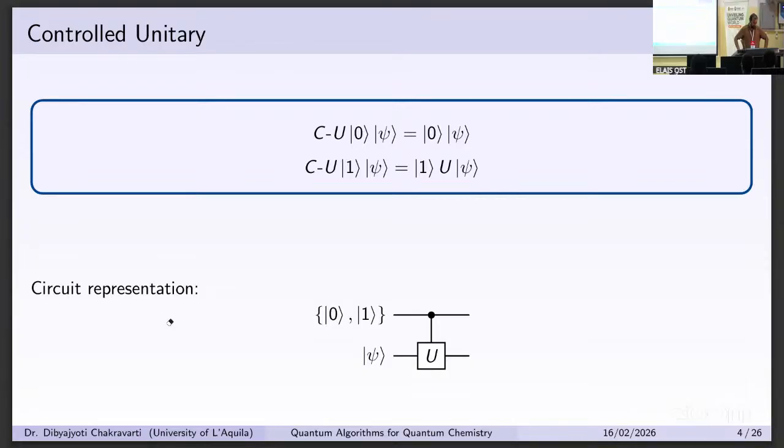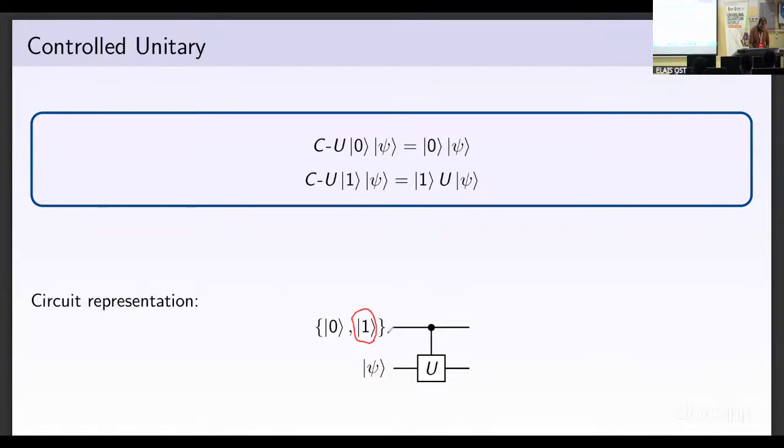What a control gate does is, if the qubit on which it is controlled has the value 1, then it lets the logic gate act on the target qubit. So here, if it is 1, it will let the operator U act on psi.